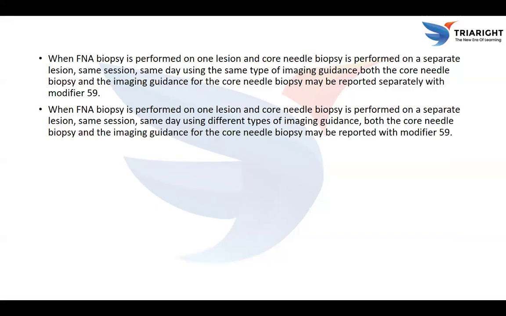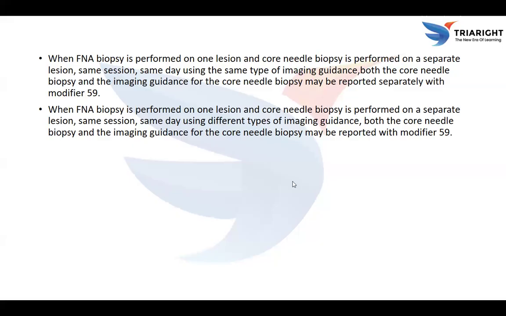Example: lesion A, thyroid, ultrasound-guided FNA; lesion B, lymph node, ultrasound-guided core biopsy. You report the FNA code, the core biopsy code, and the imaging guidance for the core biopsy, and add modifier 59 to show it is separate.